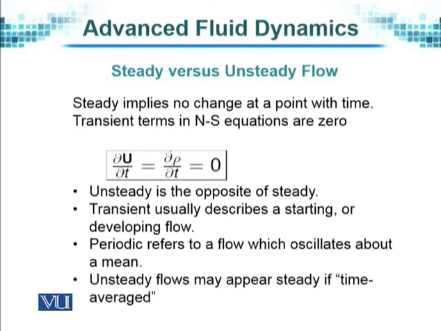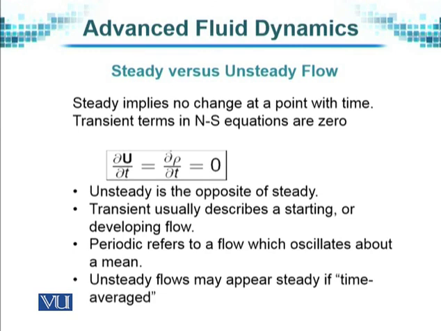But we need to be very careful and see where we can apply it and where we cannot. Unsteady is the opposite of steady. Transient usually describes a starting or developing flow. Periodic refers to a flow which oscillates about a mean, for example harmonic motion, if it is taking place somewhere.